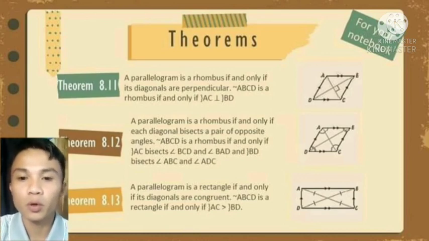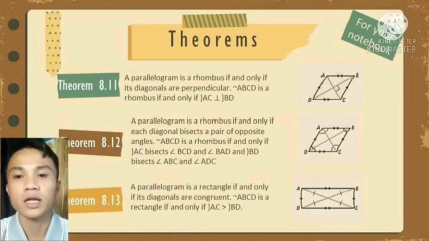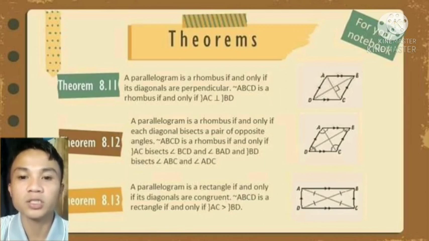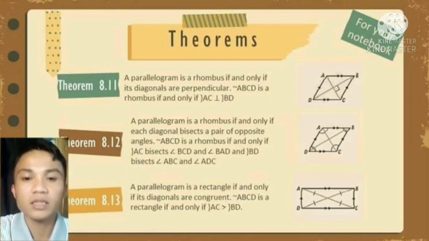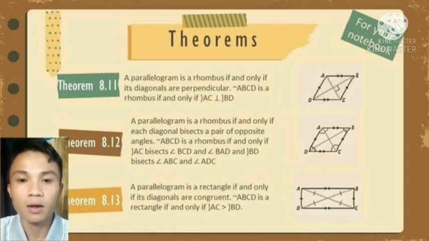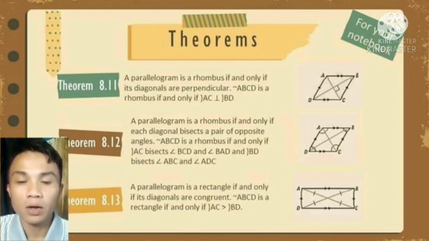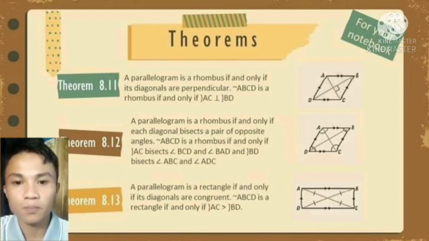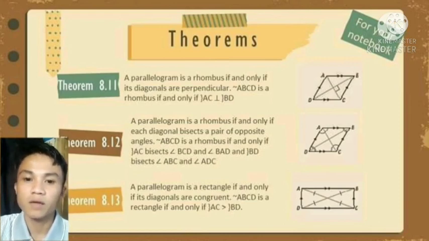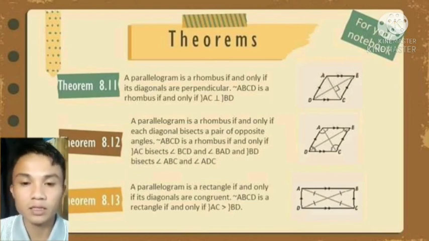So in Theorem 8.12, a parallelogram is a rhombus if and only if each diagonal bisects a pair of opposite sides. So makita natin dito sa picture na yung rhombus ABCD is a rhombus if and only if line AC, nakita natin yung AC doon, nag-bisect siya doon sa angle BCD.